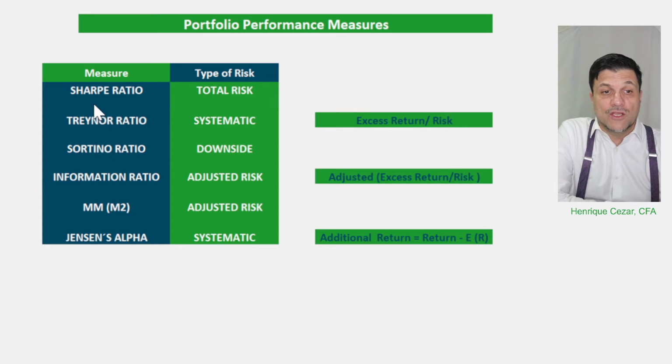The other ones, the ratios that end with the word ratio, are going to be presented as a decimal, 0 point something or 1 point something, and sometimes above 1. But the idea is that they're not in percentage, but in decimals.